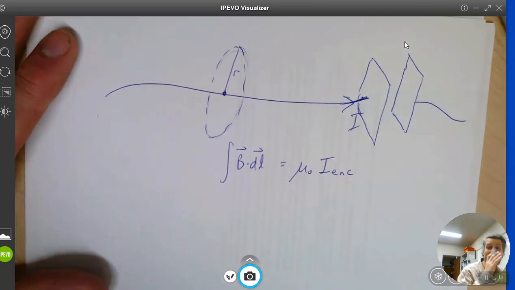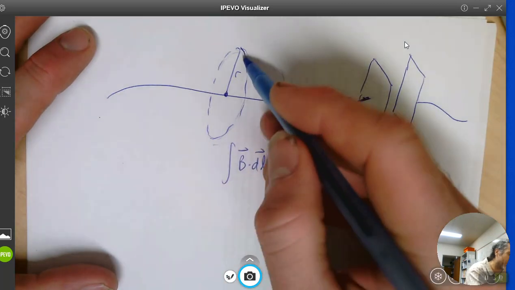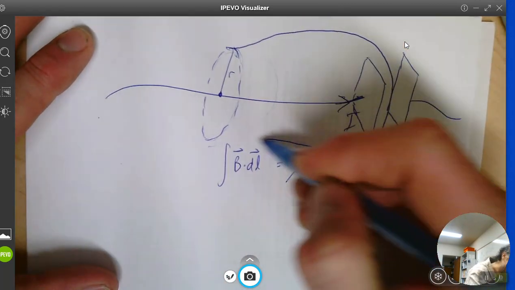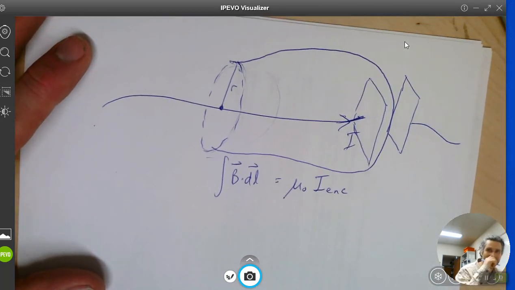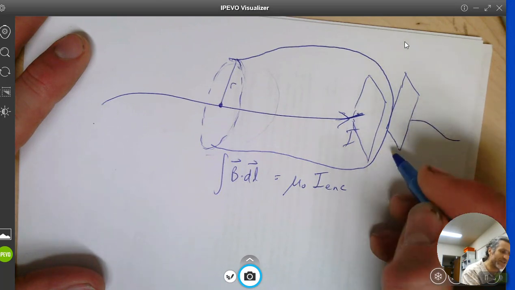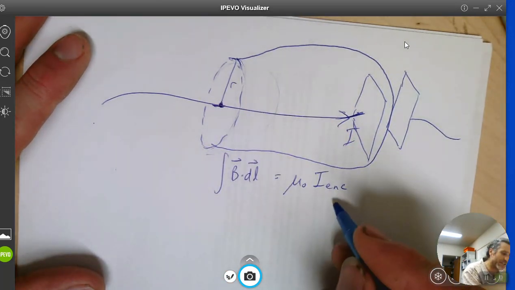It could be a soap film where I blew into it and made it a little bit of another shape like this, or it could be a shape that's like this. And if that's the case, there's something weird going on. There's an area here where there are no charges crossing through. So the I enclosed seems to be 0.